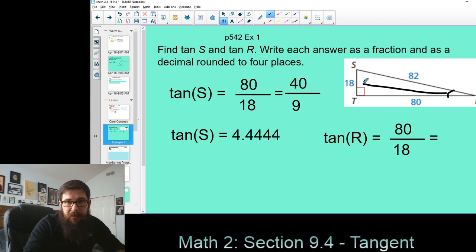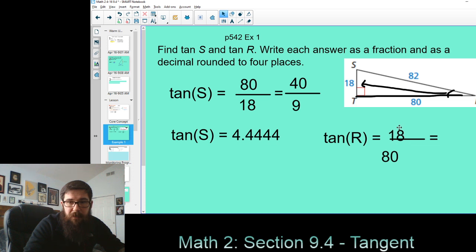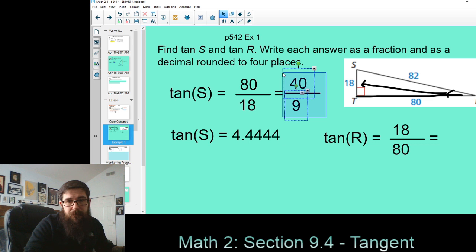This one right here, 18. What side is adjacent to it? What side is touching R, but it's not the hypotenuse? That's your 80. So what it's really going to do is flip these around. You can probably figure out what's going to happen to this 40 over 9. It's now going to flip into 9 over 40.